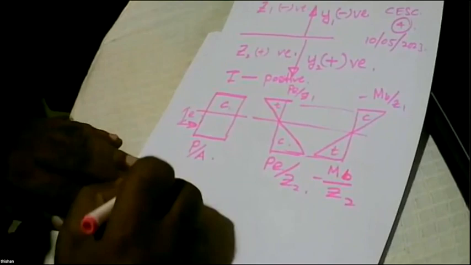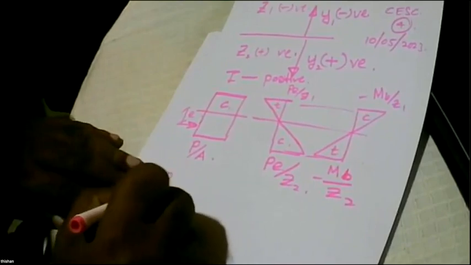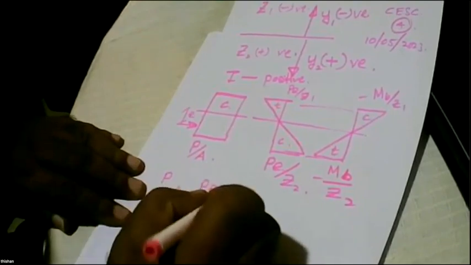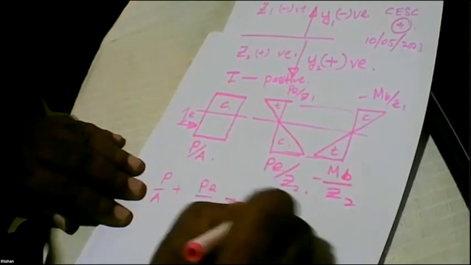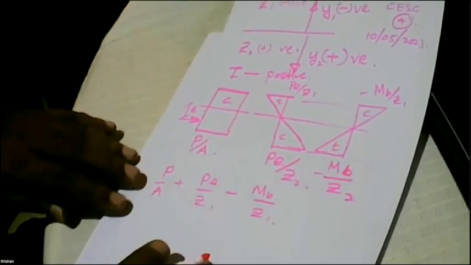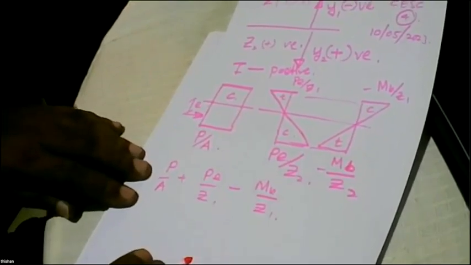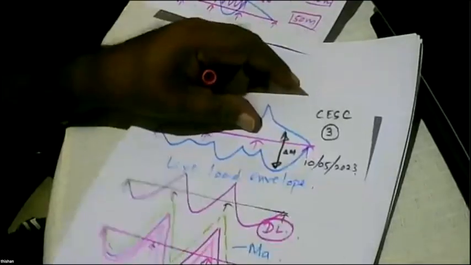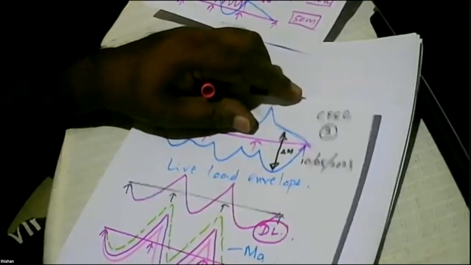So we get, for the top fiber, P0 over A plus PE over Z1 minus MB over Z1. And what could happen? This is going to fail in compression, because when you apply this sagging moment, MB is a sagging moment.